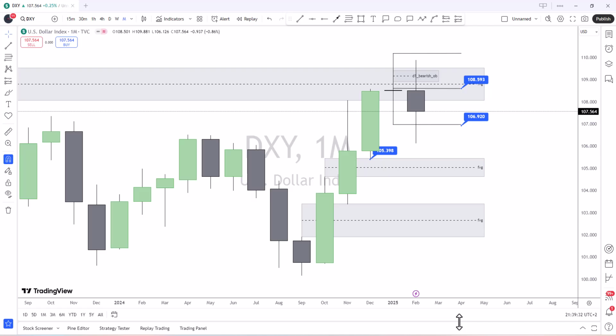Now I'm going to do the next 3 to 4 weeks, let's say the whole of March forecast, where I expect price to trade to, the targets I'll be looking at, and in which direction I'm going to be looking to trade the dollar index.